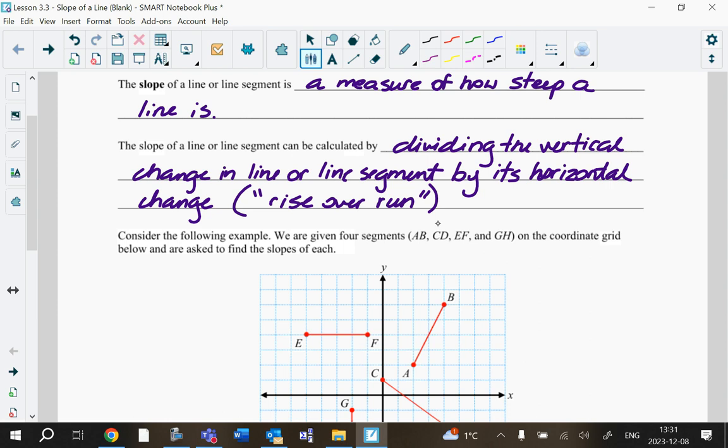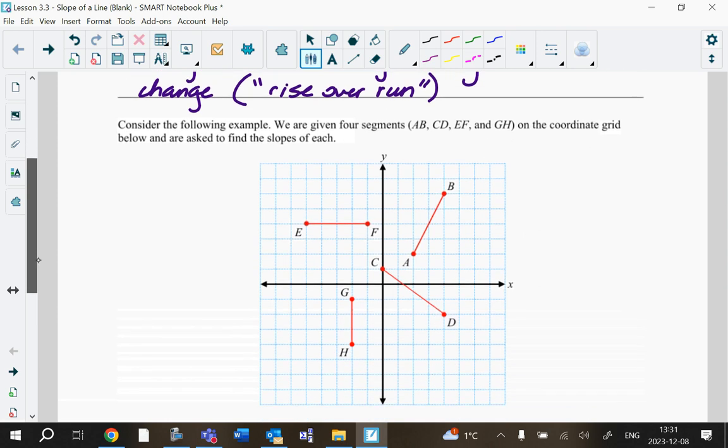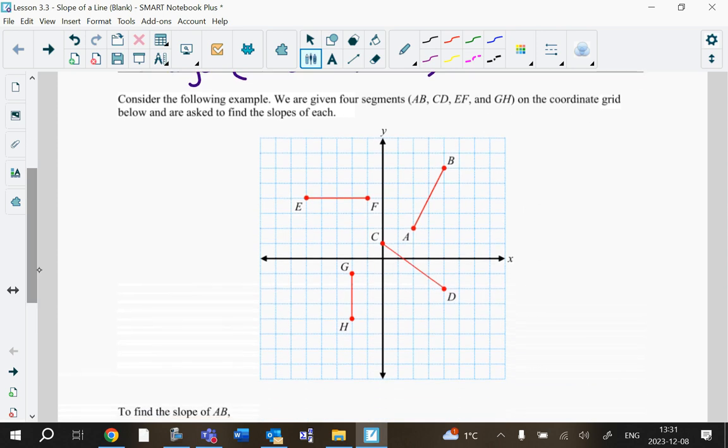Here are 4 segments. Let's look at AB to find the slope. It's usually going to be a fraction unless you can make it a whole number or an integer, because it could be negative. Start at A and move to B. How much do I have to rise to get from A to B? How many units? 4 units.